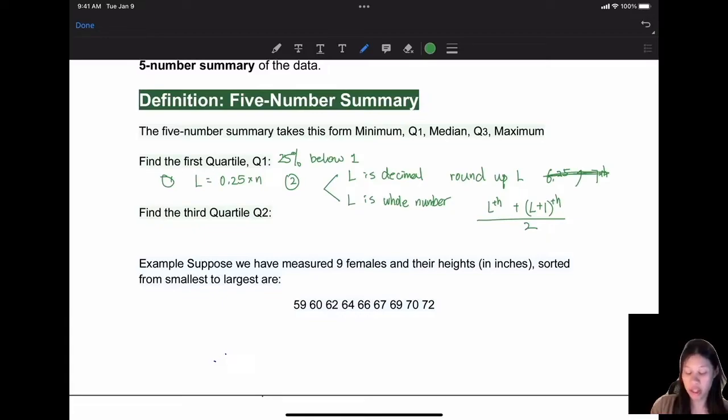For example, if you find out the locator is 8, that means the first quartile is going to be the 8th plus the 9th data divided by 2. I'm going to show you later.